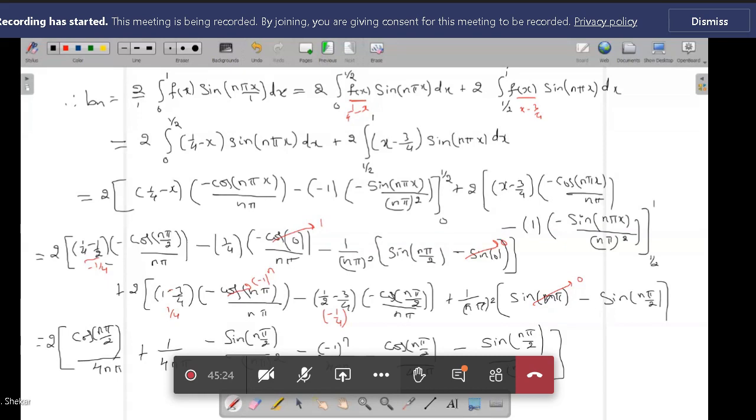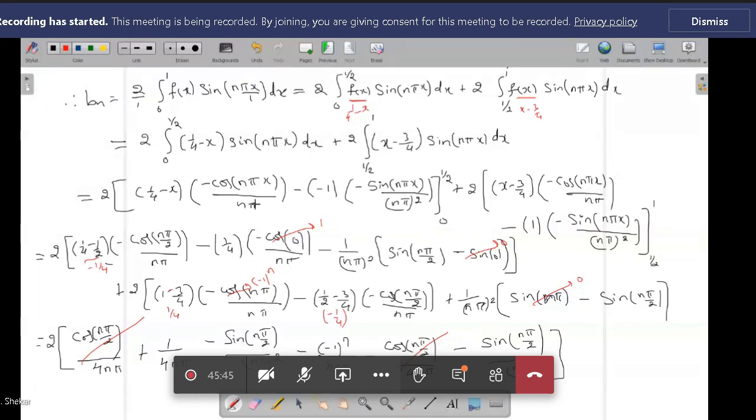So again there are some like terms that can be cancelled, that is cos n pi by 2 minus cos n pi by 2 divided by 4 n pi, and then these two terms we can add, so that is minus sin n pi by 2, so minus 2 times.